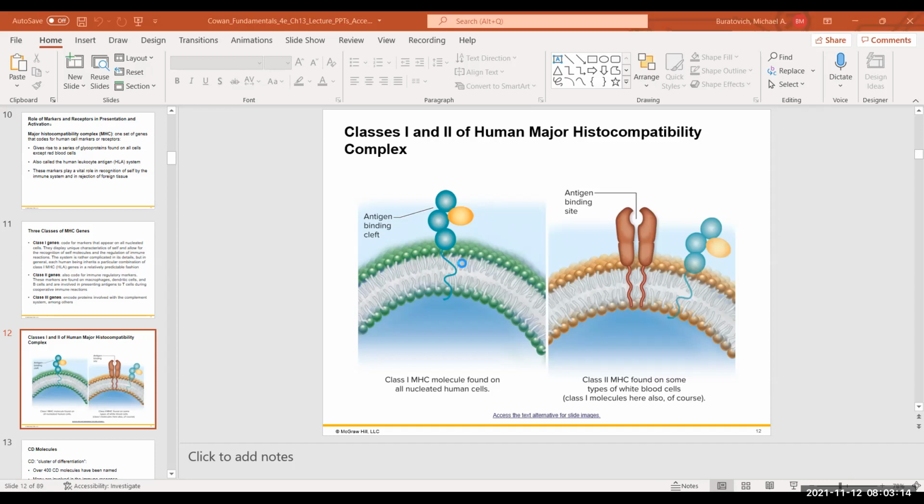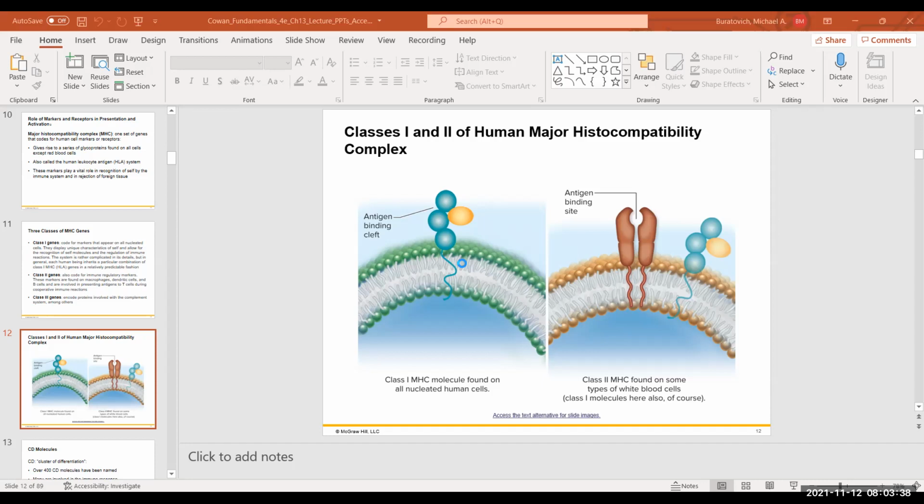So T cells have the T cell receptor, and B cells have membrane-embedded antibodies. Both are capable of binding antigen. When they bind antigen, the B or T cell becomes activated, and the activated cell divides.